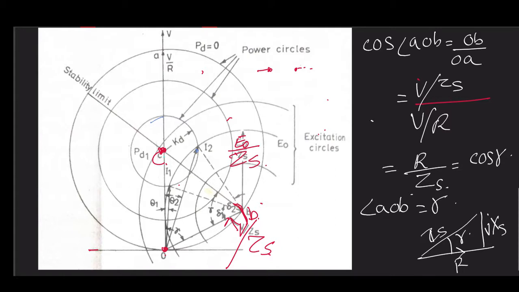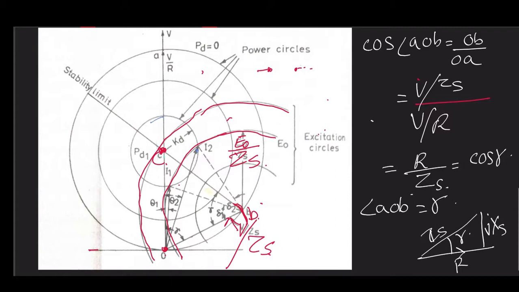If you keep E naught constant, you will get this kind of concentric circle drawn from center B with E naught by ZS.